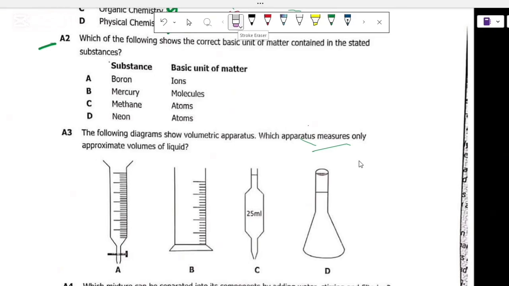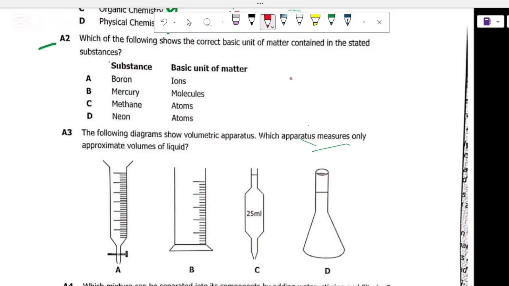So the first one, let's check answer choice A. You have boron. It says boron, its basic unit of matter is ions. Is that true or false? Is boron an ion?